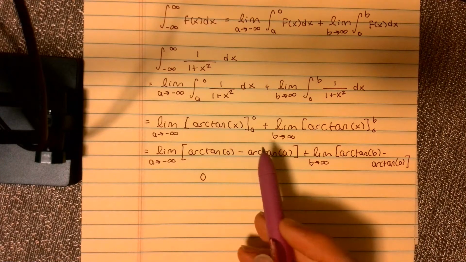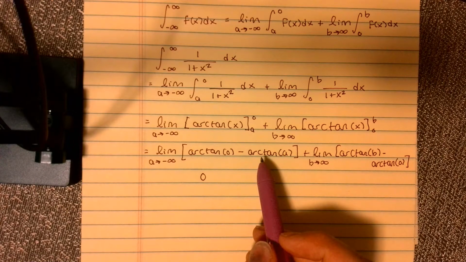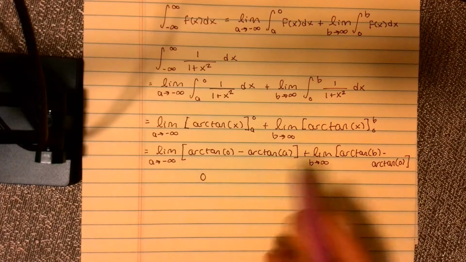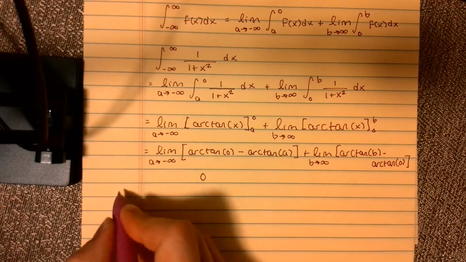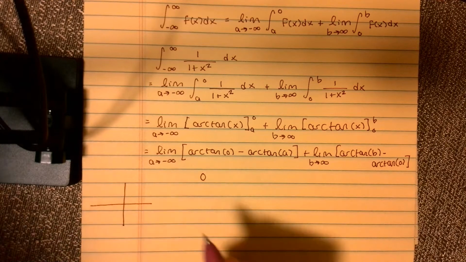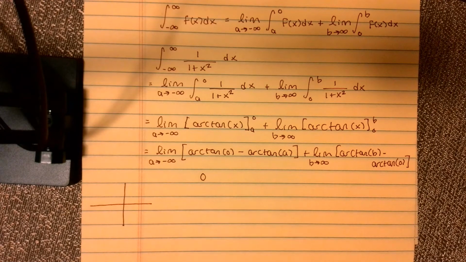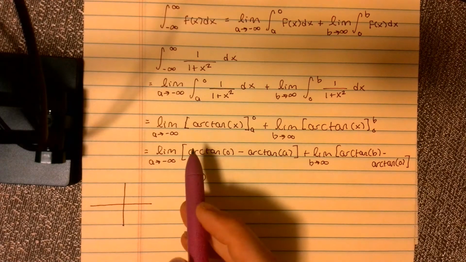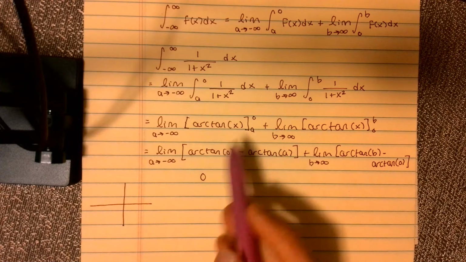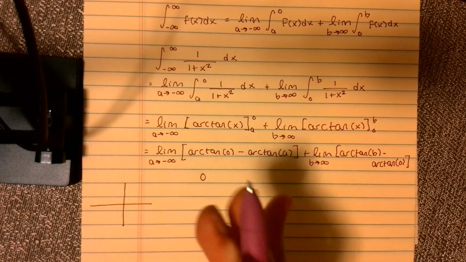And then what happens as arctangent approaches negative infinity? This is where you have to know a little bit about the graph of arctangent. The graph of arctangent looks a little different than the graph of arcsine or arccosine because the graph of tangent has vertical asymptotes.